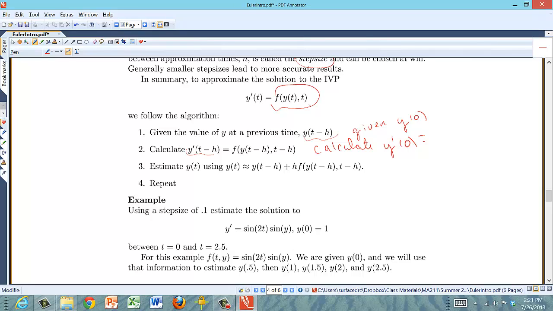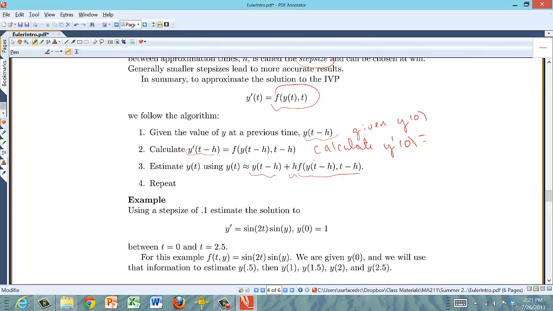This f of y and t just means the right-hand side of the ODE. And then we can use the tangent line approximation to say, well, y at time t is about the previous value of y plus the derivative of y at that time times the step length, h. That's exactly what we did above. And then we repeat. Okay, so let's do an example here.